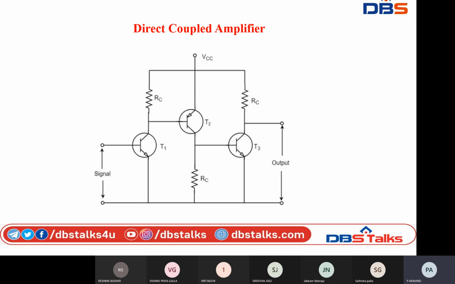But the disadvantages are that it cannot be used for amplifying high frequencies, and the operating point is shifted slightly due to temperature variations. So direct coupled amplifiers are used for low frequency amplifications and low current amplifications.